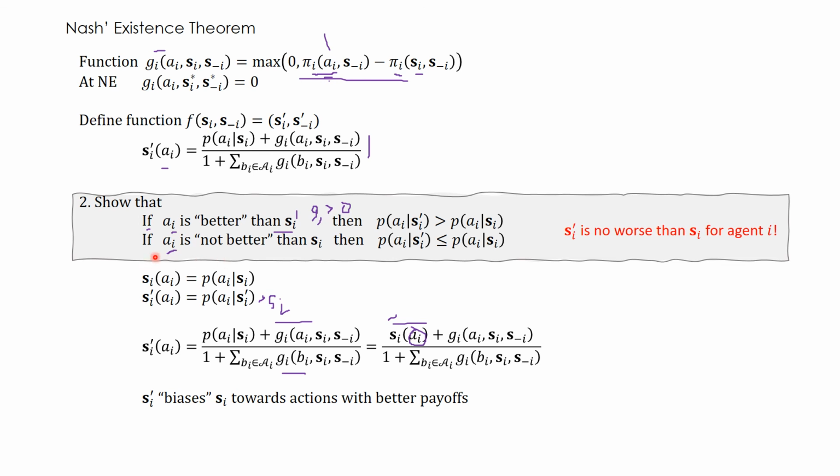So, if AI is not better than Si, then the probability of AI in S prime I is always less than or equal to the probability of the same action in the original mixed strategy Si. Thus, S prime I biases Si towards actions with better payoffs. That's part 2 of our proof.